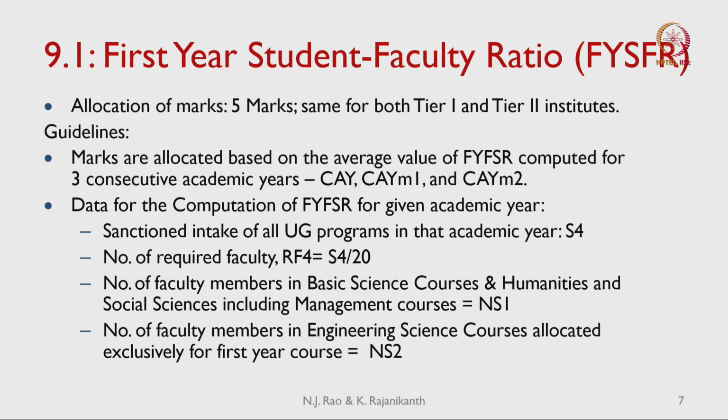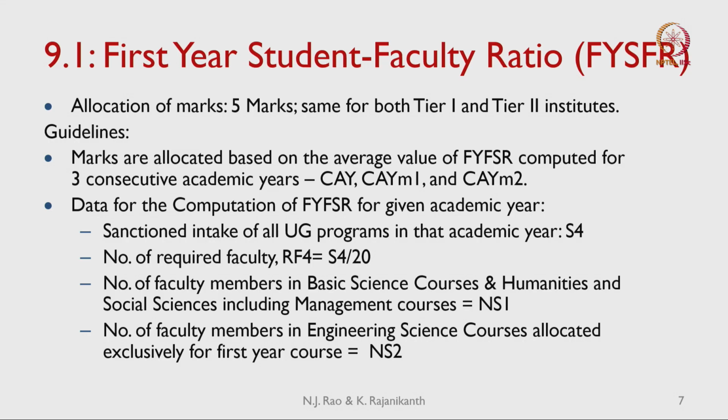Because typically in almost all engineering colleges, in one cycle, one batch of students go through physics, the same batch in the next semester will go through chemistry. So, the faculty requirements for basic science courses and humanities and all would differ. So, based on how the first year classes for basic science courses, humanities and social sciences are scheduled, we will have to work out what will be the faculty that will be required from these departments, that is basic science courses, humanities and social sciences. Let us call that as NS1.